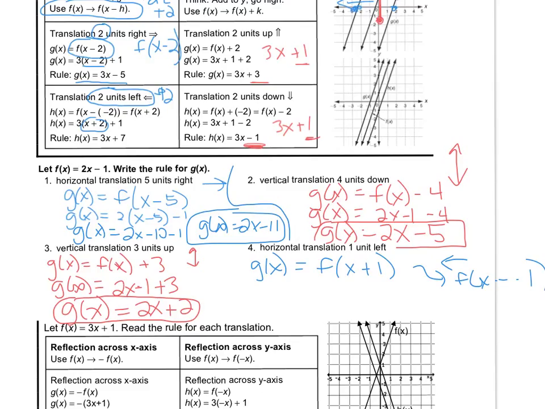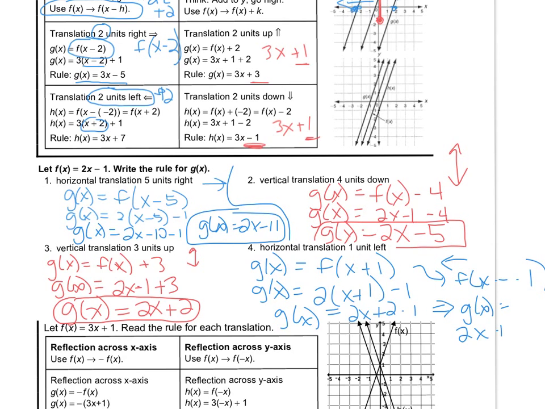And x minus negative 1 is really plus 1. Okay, so g of x is equal to, so our function is 2x minus 1. So 2 times x plus 1, and then the rest of the function is minus 1. So my final function will read g of x equals 2x plus 2 minus 1. So actually, my final function will read g of x equals 2x plus 1.